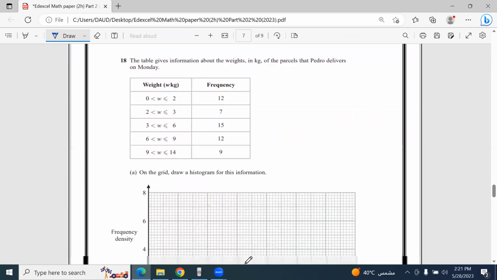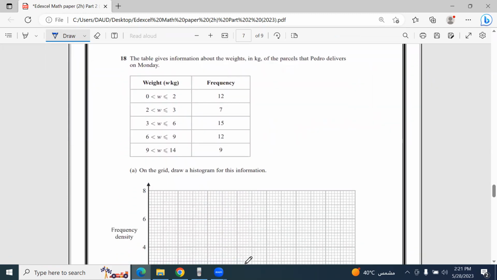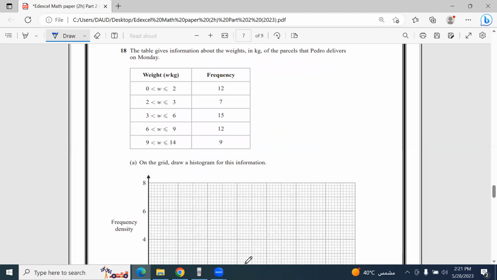The table gives information about the weight in kg of the parcels that Metro delivers on Monday. We must know the total number of frequencies. What if we add, that is summation f.